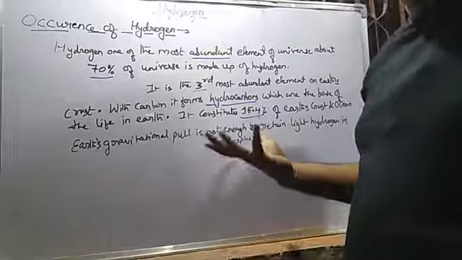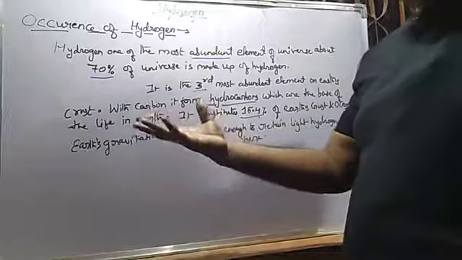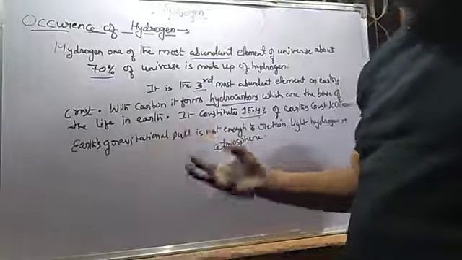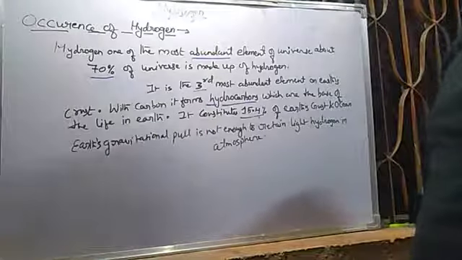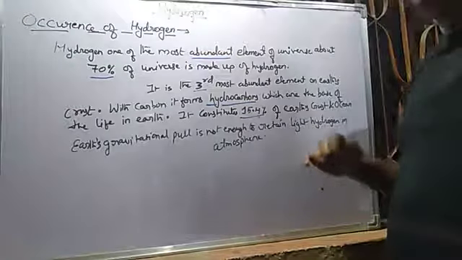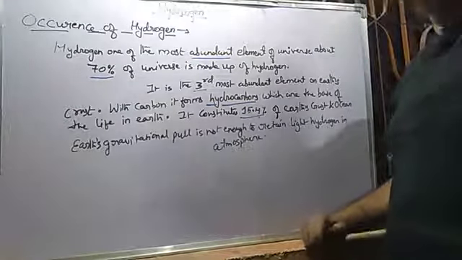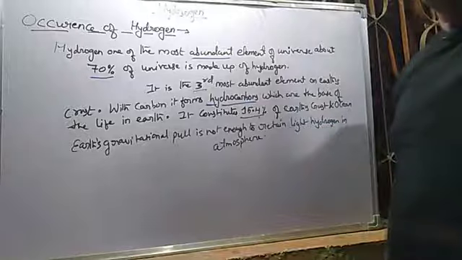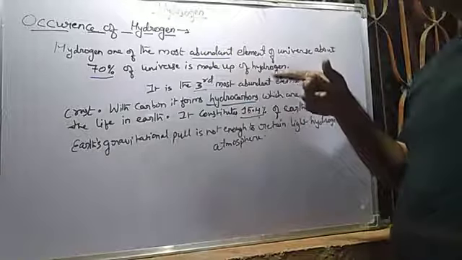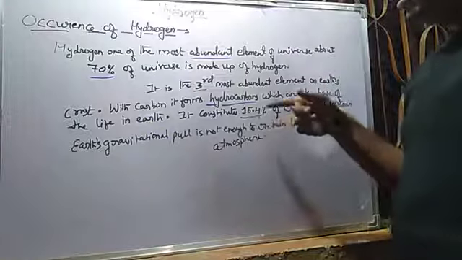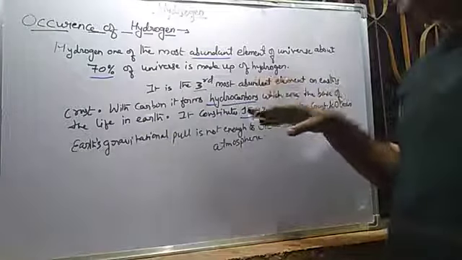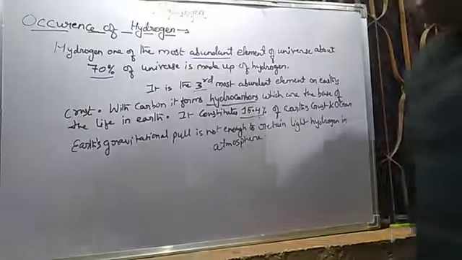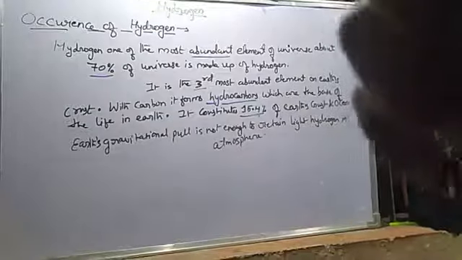It is very hard to retain it in the atmosphere due to the low gravitational pull of the Earth. So we do not find a large amount of hydrogen in the atmosphere, but its presence in the Earth's crust is very large, about 15.4% on the Earth's crust and ocean, and it is the third most abundant element on the Earth's crust.